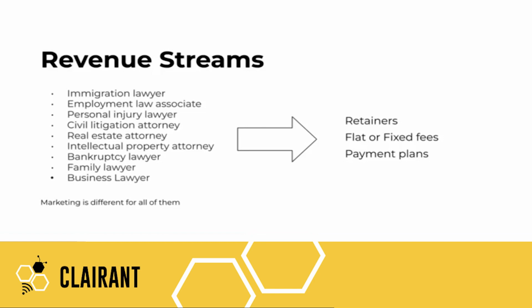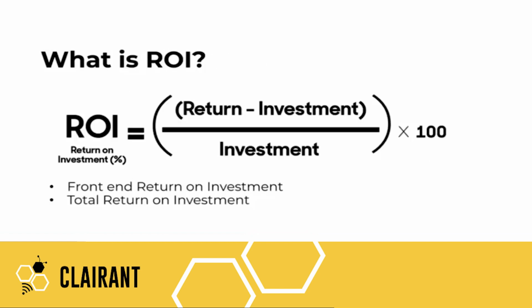There are all different methods of collecting payments from your customers, and you'll get to why we're talking about this later in the conversation. But just know that marketing is different for all of them, okay? So you have to make sure you're tracking each of your campaigns differently, or tracking them in the same ways, but treat them as different campaigns, because some are going to be more effective than others.